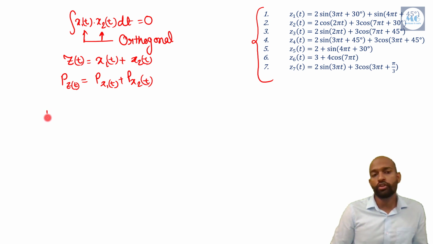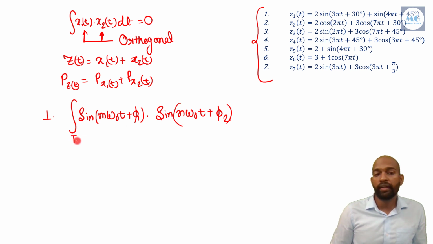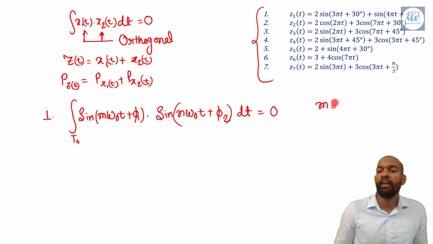Our first trigonometric formula is the integration of sin(m omega naught t plus phi 1) into sin(n omega naught t plus phi 2) over the fundamental time period dt, which is equal to 0 if m and n are not equal and m and n are integers.